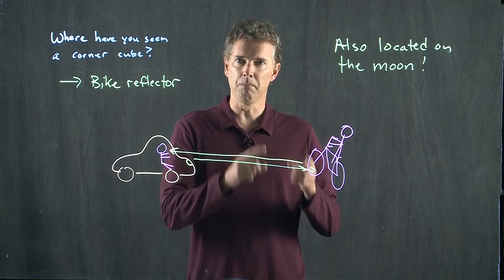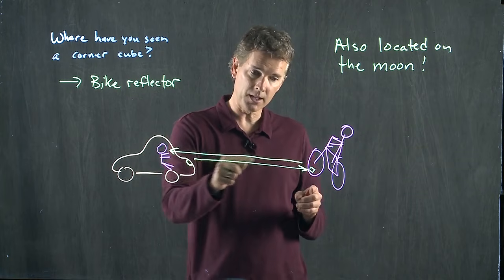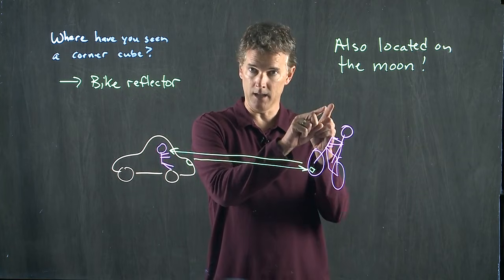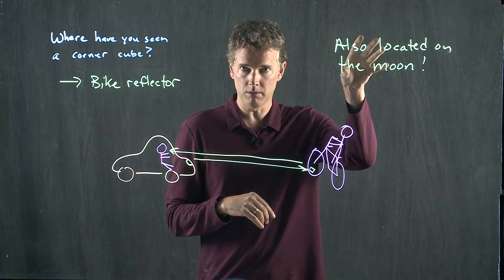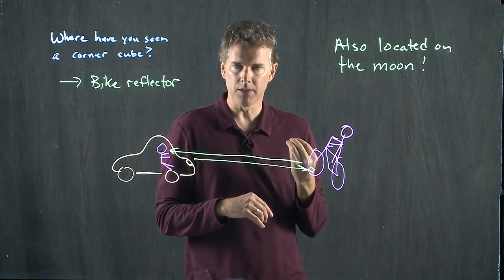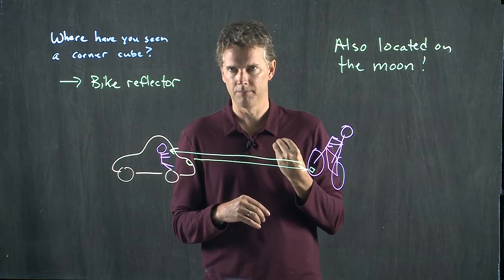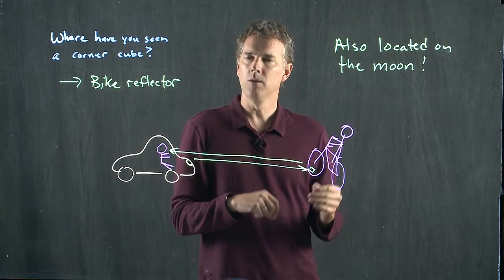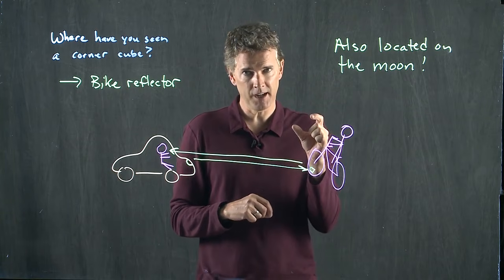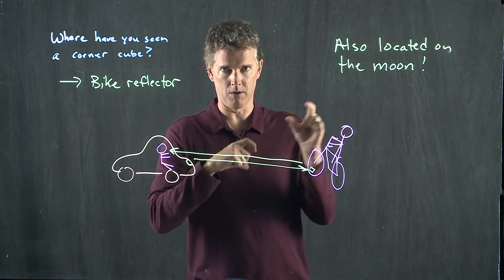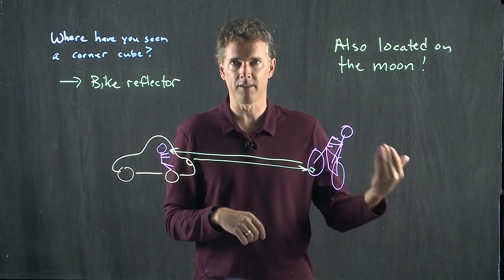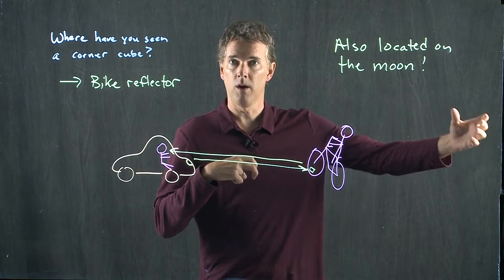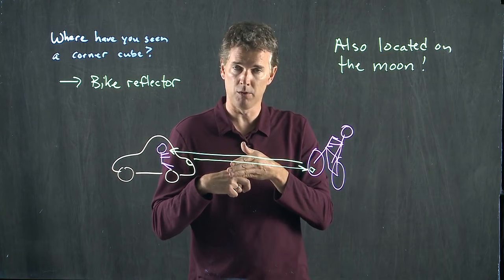We are taking these big lasers, just like these headlights, shining it at the mirrors on the moon, and collecting the light that comes back down to us. And when we do that, we can determine very precisely the distance from the Earth to the moon. We know how fast light goes. We now know how long it takes in time to go there and back.